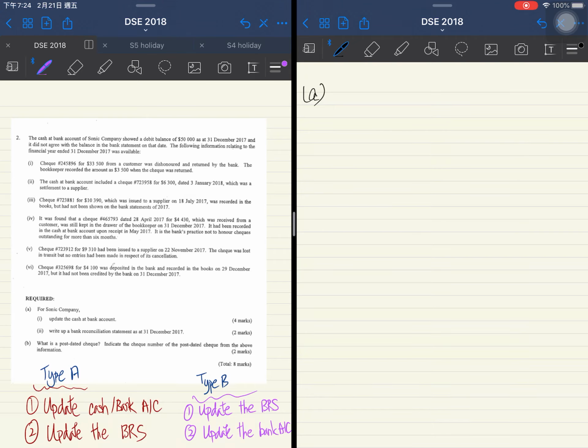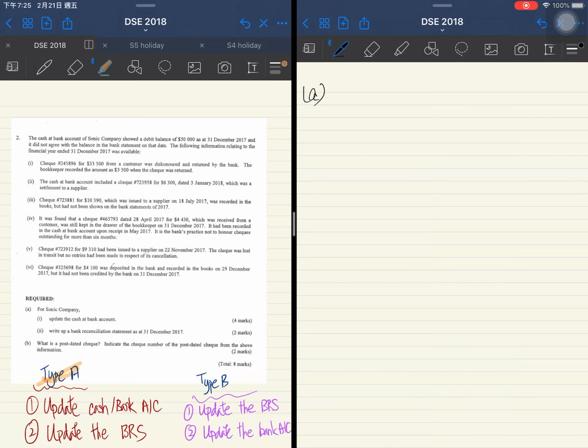From this question we can see that type A should be used for this bank statement question. So we have to update the cash at bank account first and then update the bank reconciliation statement. After we decide the type, we have to do it.